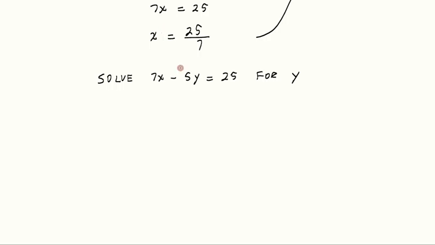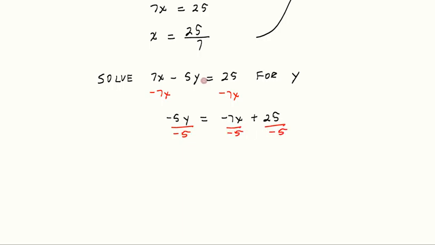Well, we solve that for y by, first of all, subtracting 7x from both sides. And that leaves us with negative 5y is equal to negative 7x plus 25. And then we divide everything by negative 5.